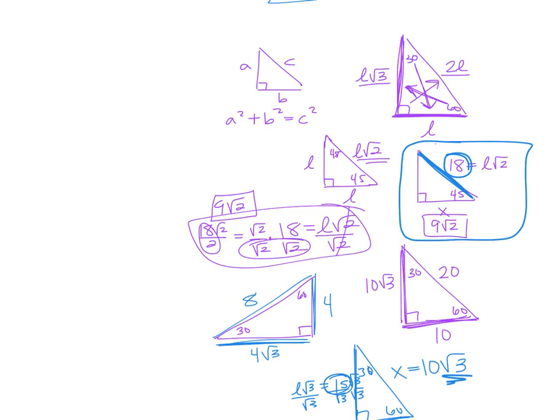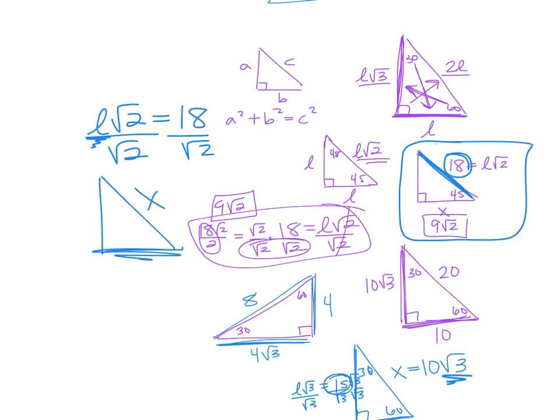We know that side represents the L rad 2 side of the triangle. So that L rad 2 has to be equal to 18, which means in order to figure out what we multiplied by rad 2, you have to get rid of the rad 2 and get L by itself. Does that make sense? If you have a whole number here, then this has to have a radical in it. If you have a radical here, then this probably doesn't have a radical in it. Yeah. You're welcome. Any other questions?